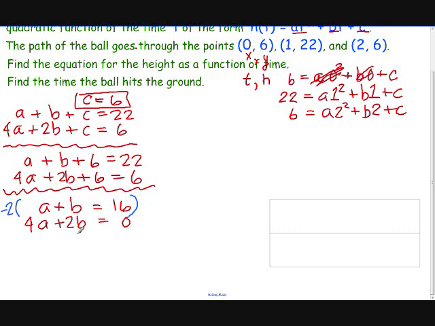Remember, when we're solving systems of equations, our goal is to eliminate variables until we're down to 1. So let me rewrite this. I've got -2a, -2b. I'm going to multiply 16 by -2. This equation here I'm going to leave alone.